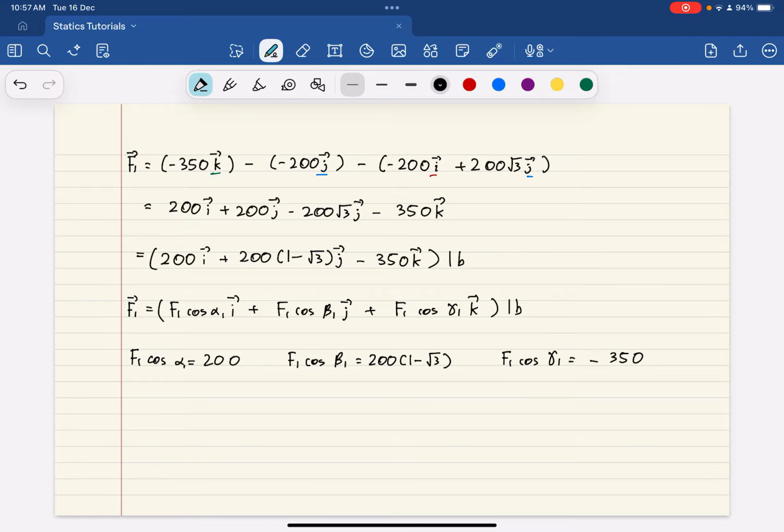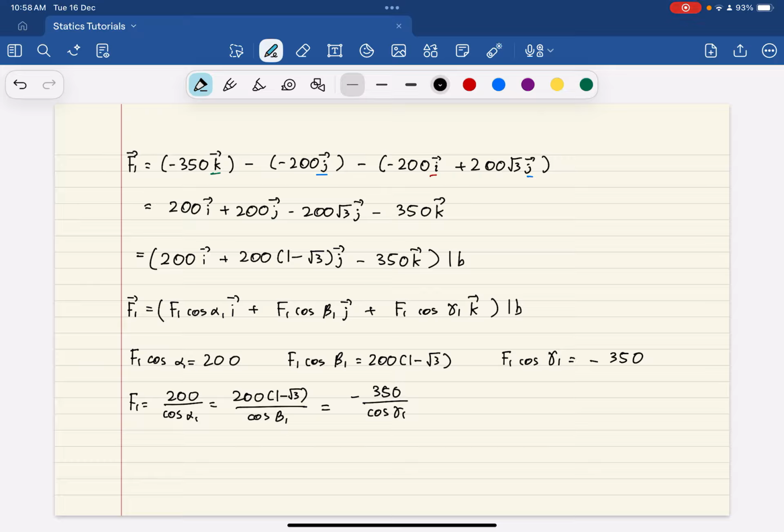So if we were to express F1, we can say that F1 is equivalent to 200 over cosine alpha 1, equals 200 (1 minus root 3) over cosine beta 1, equals negative 350 over cosine gamma 1.